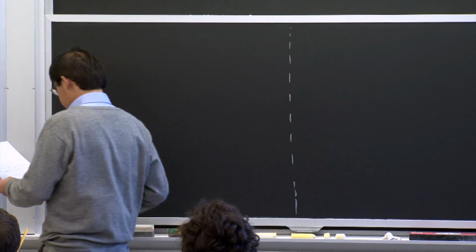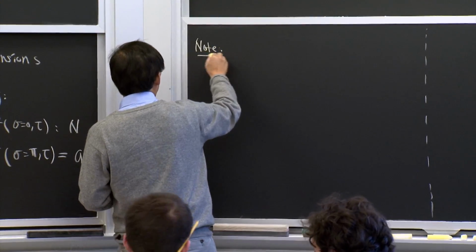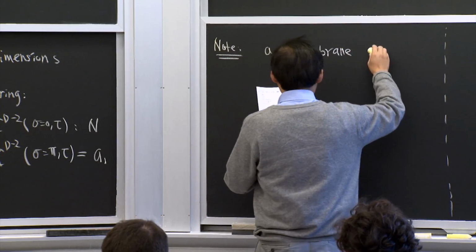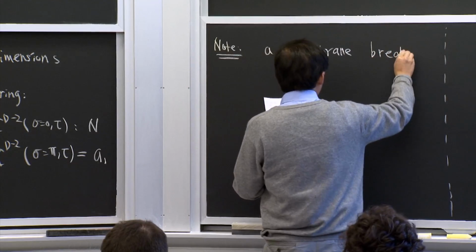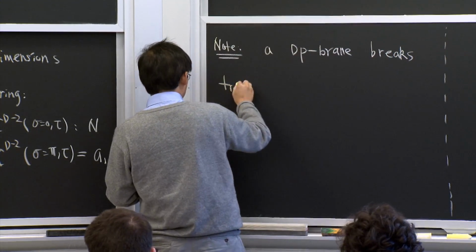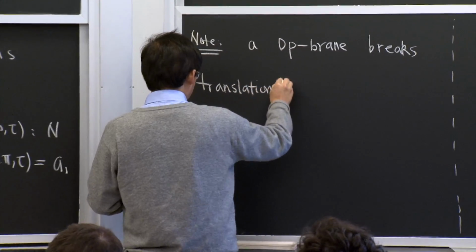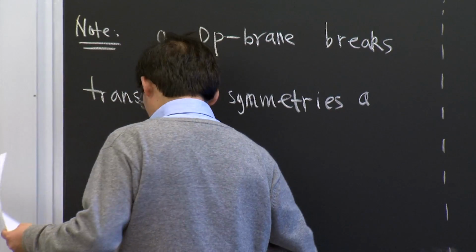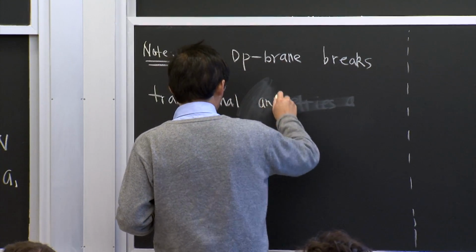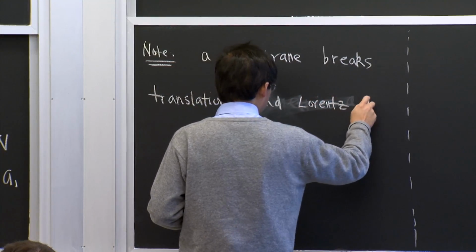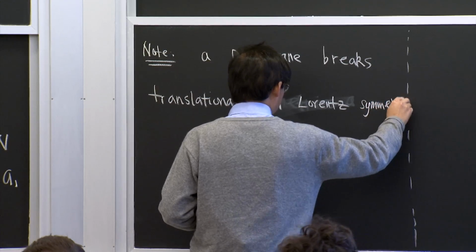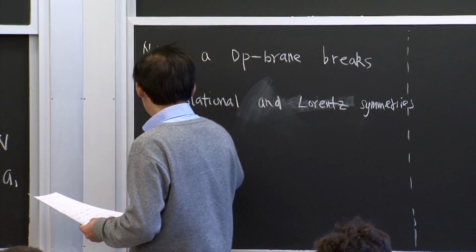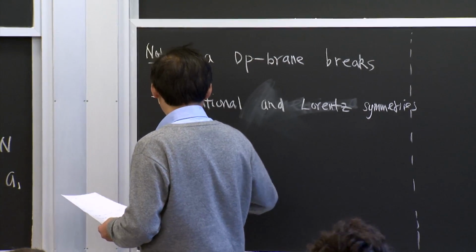So, an important remark. Say a dp-brane, as we said before, breaks the translational and Lorentz symmetries of the original Minkowski spacetime to a subgroup.